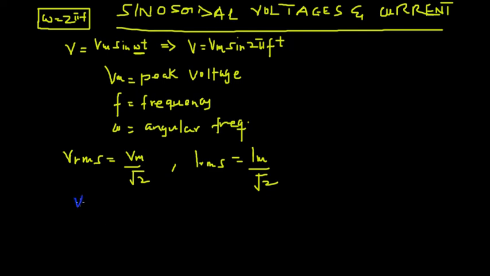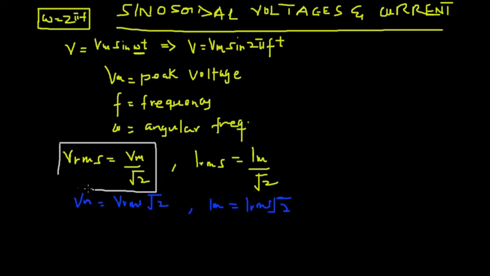This could be further simplified as the peak voltage equal to root mean squared voltage multiplied by root 2, and the peak current equal to the root mean squared current times root 2. It's just simplification. We are trying to change subjects, because we'll be implementing them in subsequent calculations.